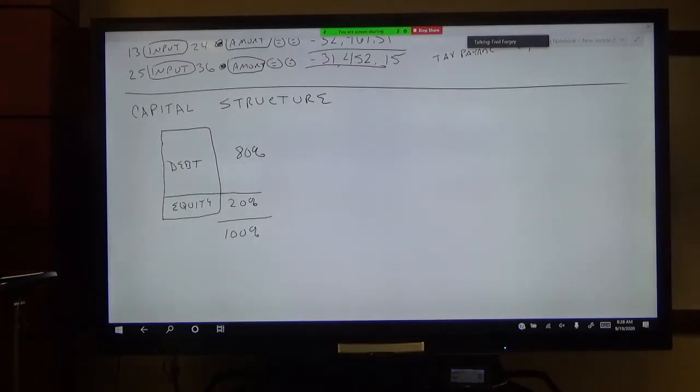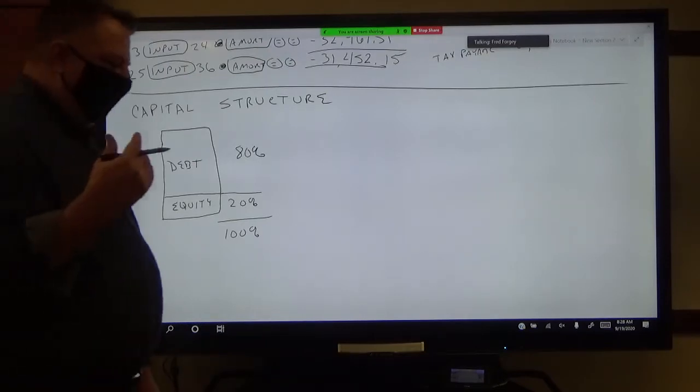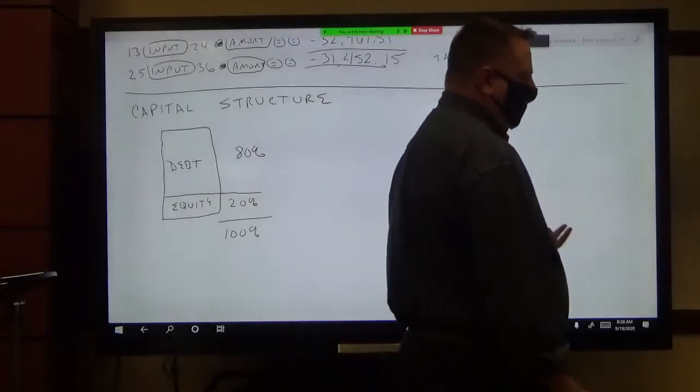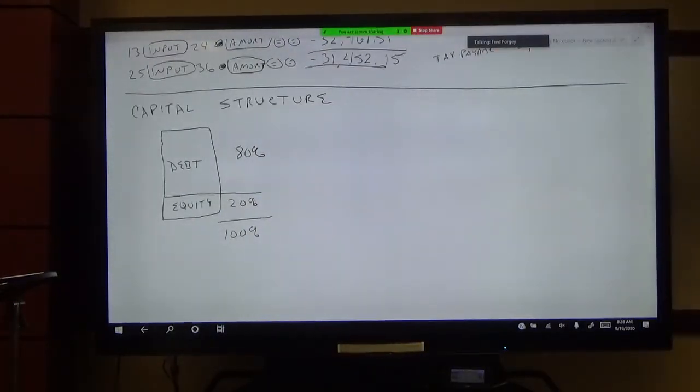Now, our cost of debt normally is going to be lower than our cost of equity, okay? Because the general idea is we want to go out and borrow money, and borrow money cheaply. The cheaper we can borrow that money, with all the associated costs and fees and everything else, the cheaper we can get that money in the form of debt means we do what to our equity return?